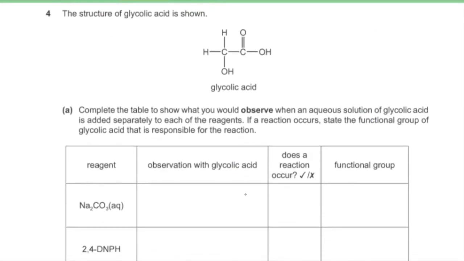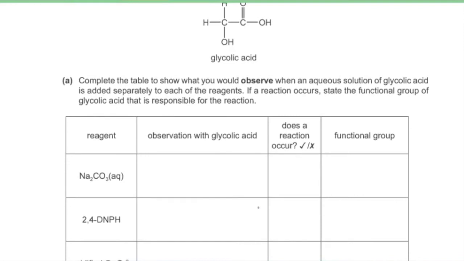Question before the structure of glycolic acid is shown. Complete the table to show what you would observe when an aqueous solution of glycolic acid is added separately to each of the reagents. If a reaction occurs, state the functional group of glycolic acid that is responsible for the reaction. Okay, so Na2CO3, that is sodium carbonate, is a metal carbonate that reacts with acids.